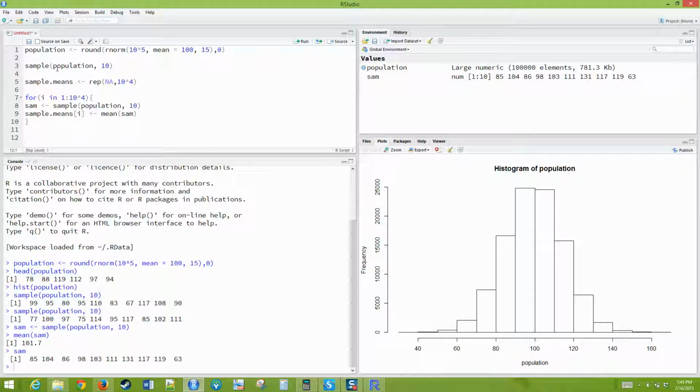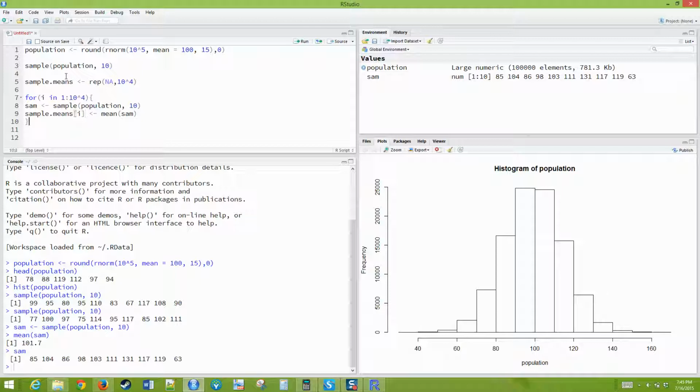Every time you run it, you're going to do the same thing over. Draw from the population 10 random items, take the result of that sample function and store it in SAM, then calculate the mean of that SAM, the mean of the sample, and store it into the vector sample means.